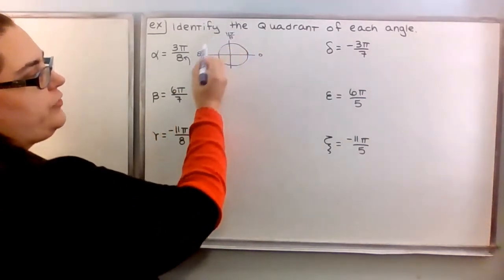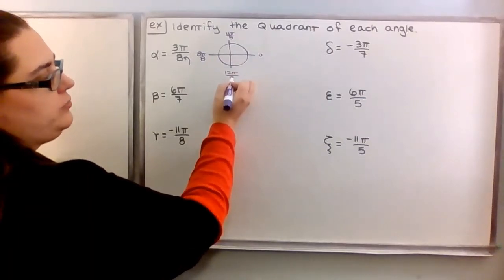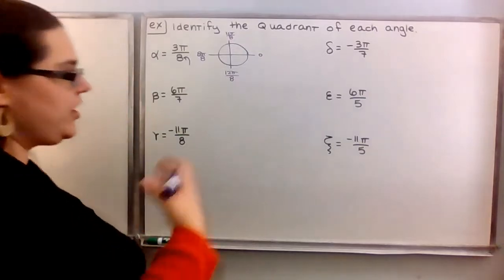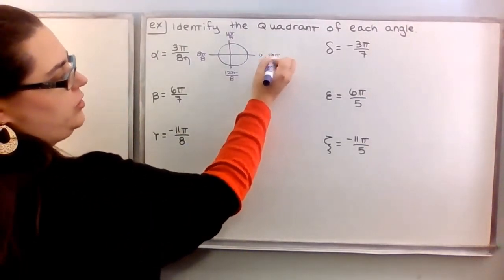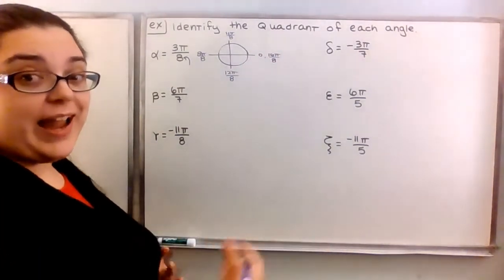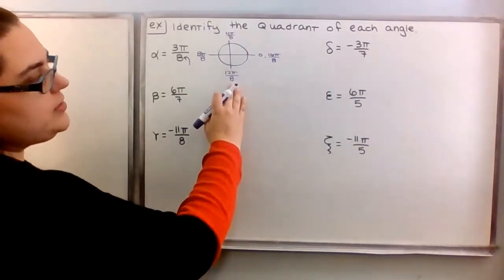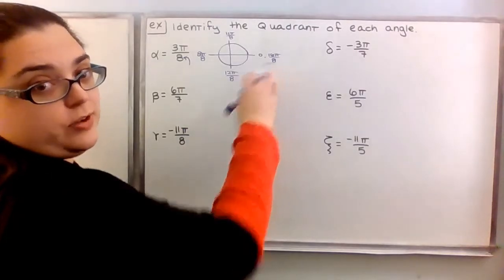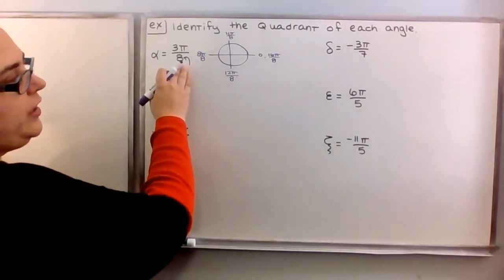And then if I add 4 pi over 8, I get 12 pi over 8. And then if I added another 4, that would get me up here to 16 pi over 8. Basically, what I'm doing is I'm writing pi halves in terms of eighths, 3 pi halves in terms of eighths, pi in terms of eighths, and 2 pi in terms of eighths. So everything's just in terms of eighths because that's what we have here.